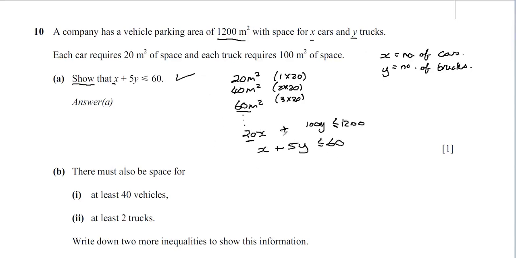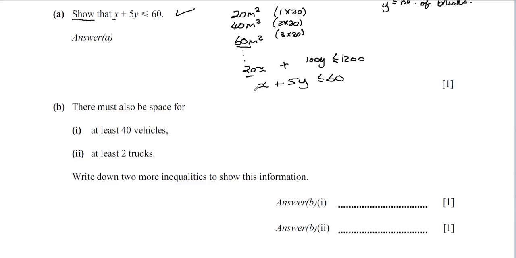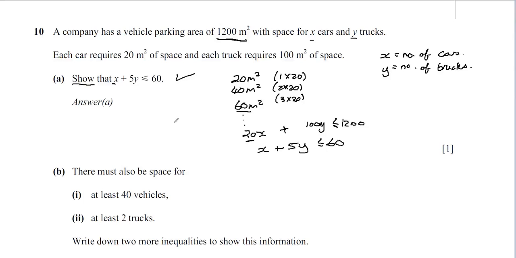Just keep in mind that the total area that all the vehicles could take up, they said, was 1,200 meters squared, or it can be less than that, but it can't be more, because that's how much space they've given. There must also be space for at least 40 vehicles, in other words cars and trucks.